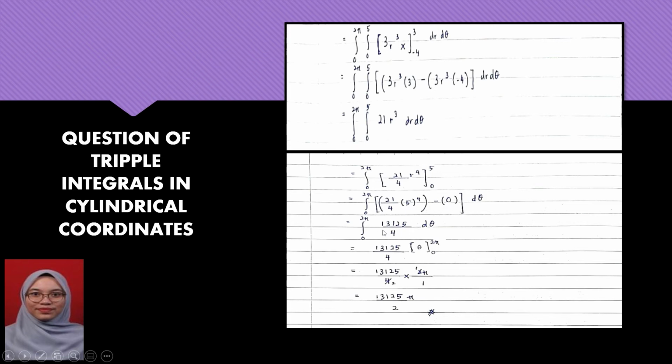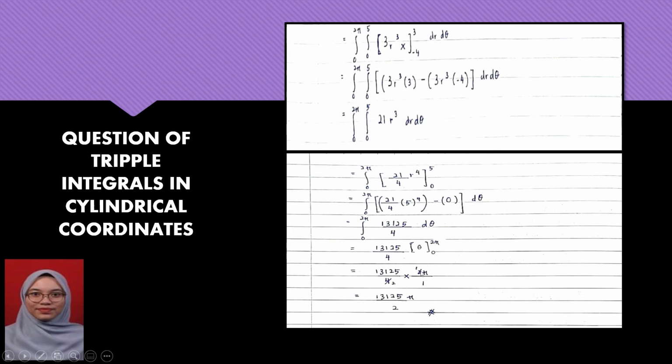Then we get the value 13125 over 4 d theta, and we integrate with respect to theta, and it becomes 13125 over 4 multiplied by theta with limits 0 to 2 pi, and it becomes 13125 over 4 multiplied by 2 pi over 1.